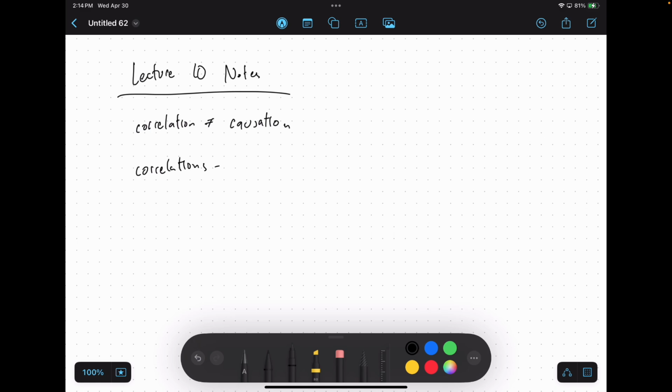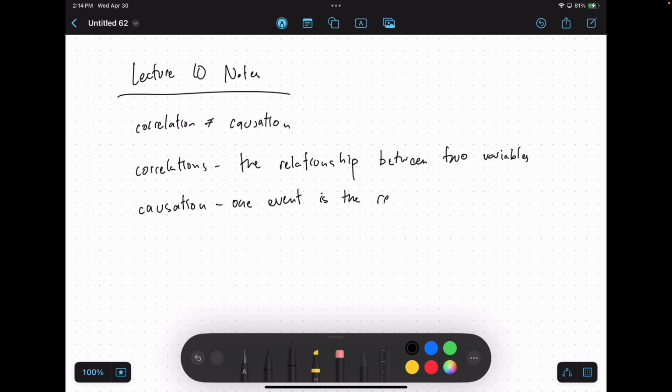And so we have thus far mainly been talking about correlations, which is the relationship between two variables, as opposed to causation, where one event is the result of the occurrence of the other event.